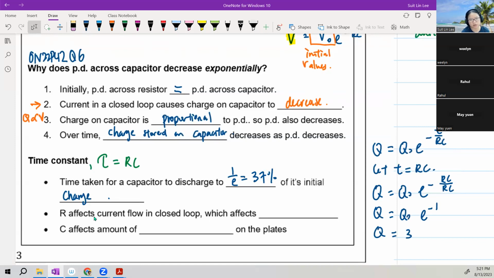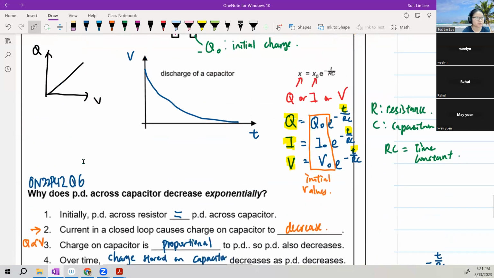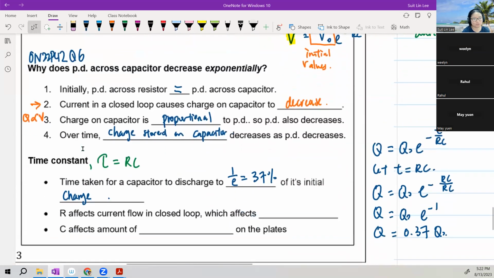So the charge is now 0.37 Q naught. A graphical representation would be, if this is V, this is 0.37 V. It's a little bit like half-life, but we don't take 0.5. This one is RC. Okay. So 37% instead of 50%.